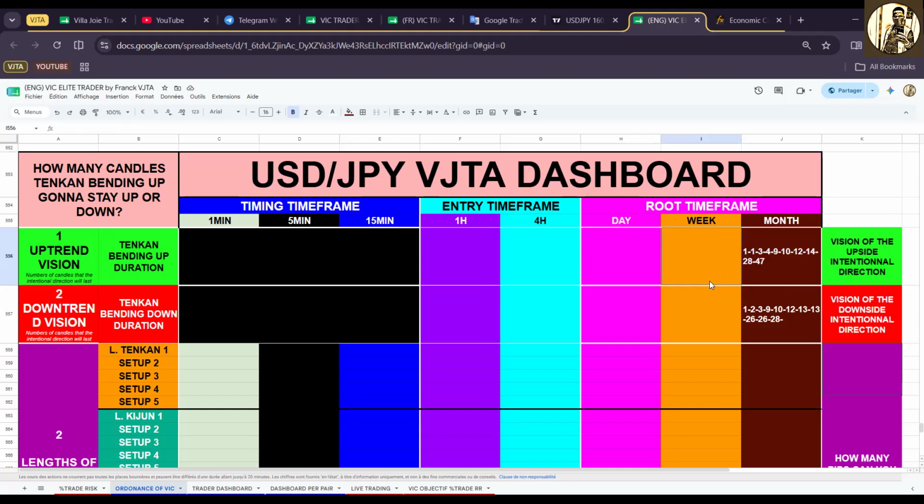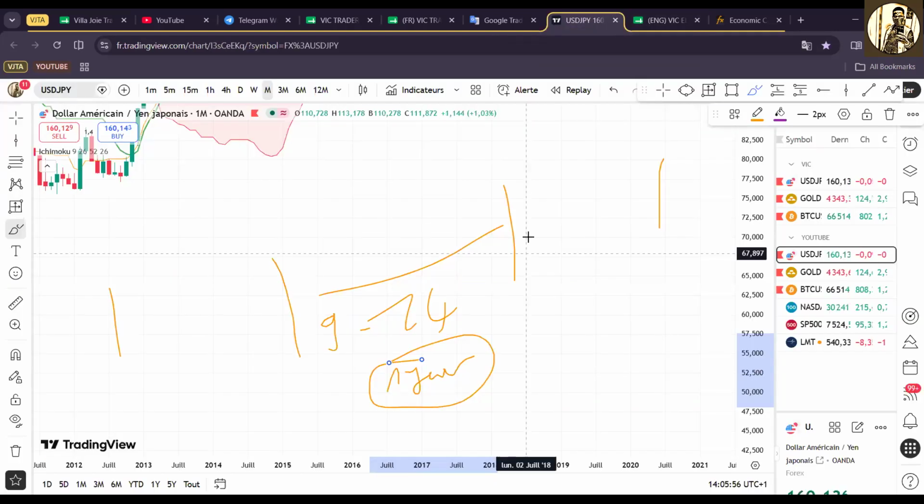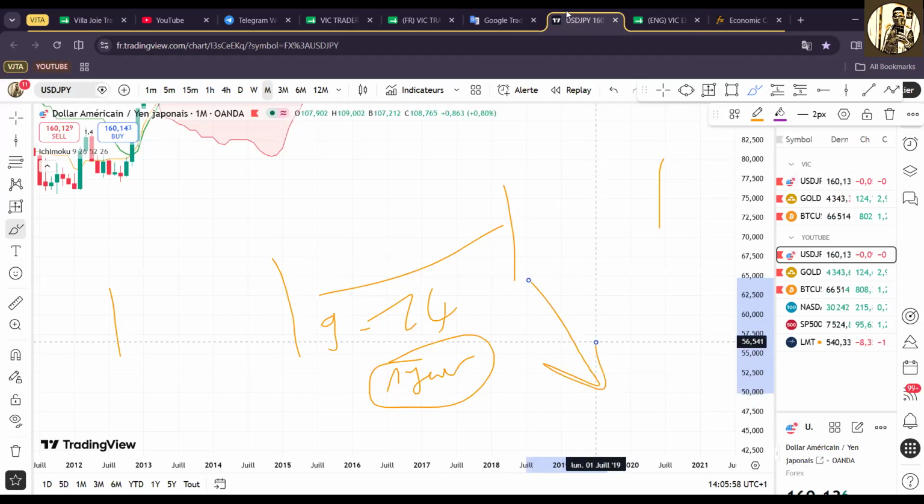And 47 months is almost 3 years. So you can actually have a position that lasts 3 years, 4 years, if you are taking it early and you let the position run, and you'll be rich while sleeping. The same thing applies to the downtrend, Tenkan to Tenkan going to the downside.